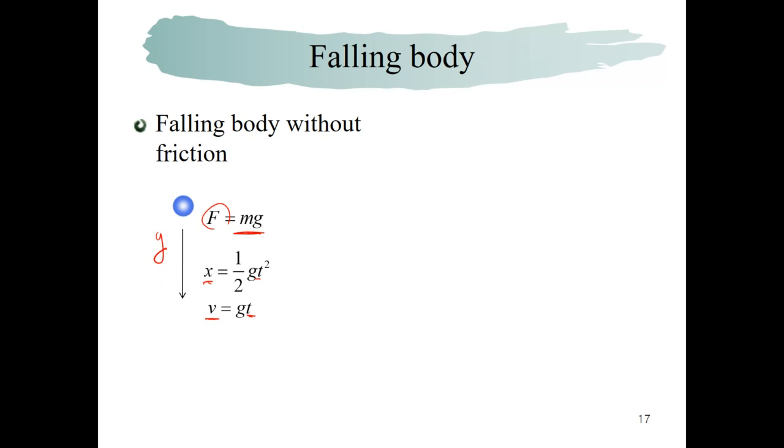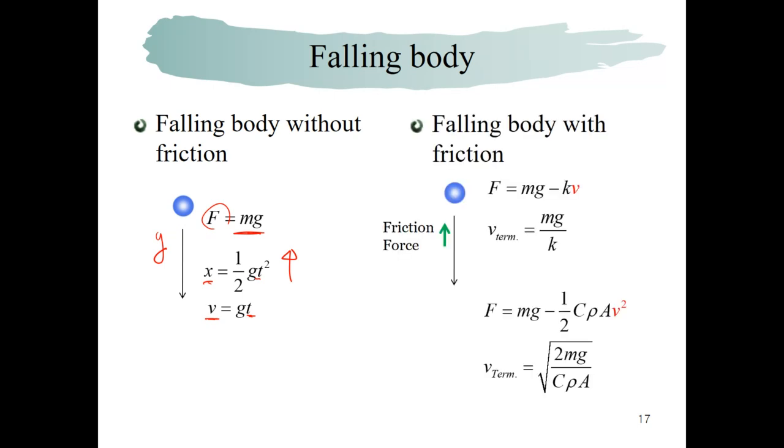As I already said, if we have no friction, they go to infinity as time increases. But physically, that is not quite correct. So if we introduce a friction force, in the first case the friction is proportional to the velocity v. Then we can easily obtain the terminal velocity.